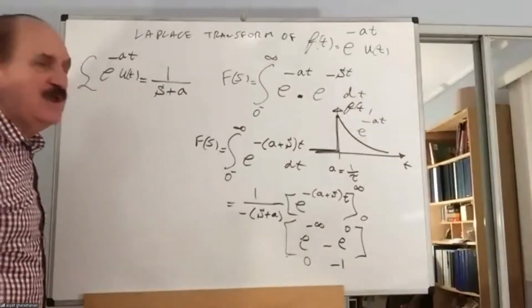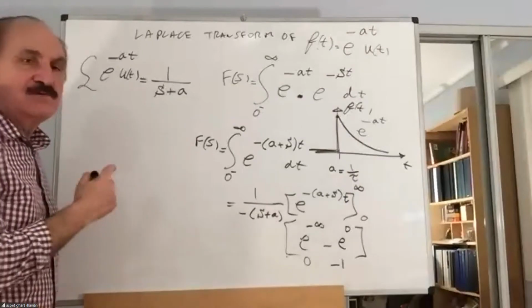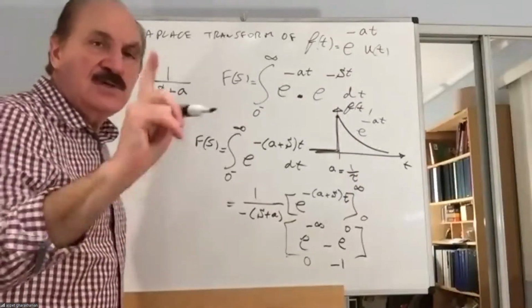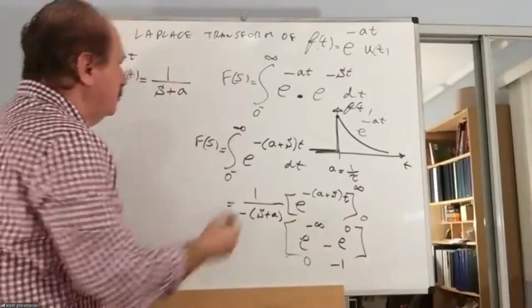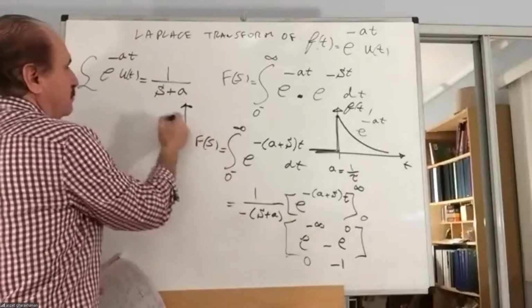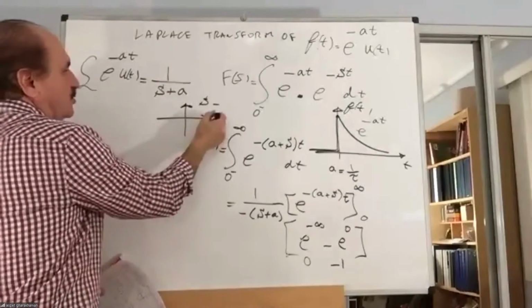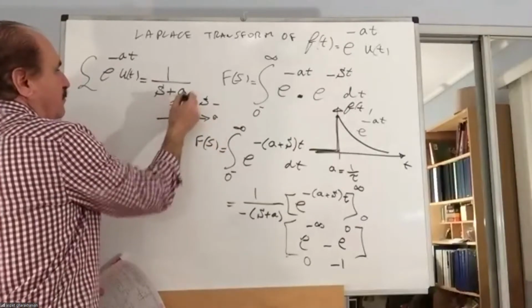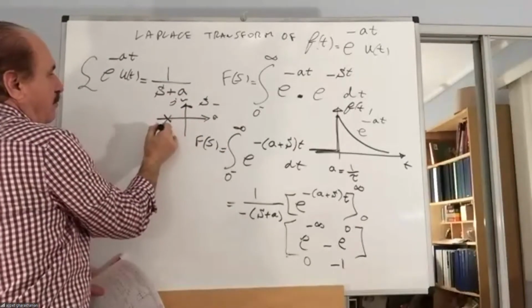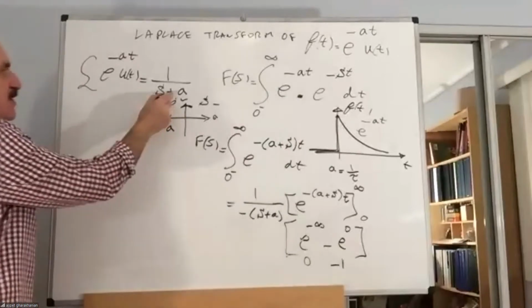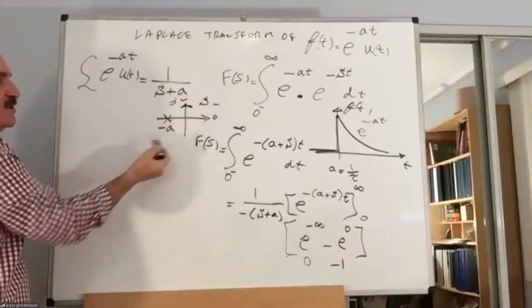Now you have a rational function. This function has only one single pole. Show it. S plane, sigma, and the j omega. It's here, minus a. S plus a equal to 0, s is equal to minus a.